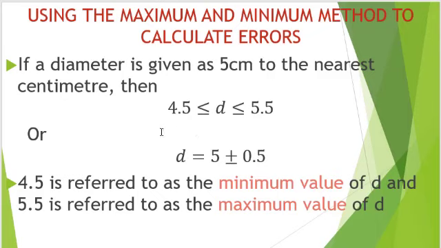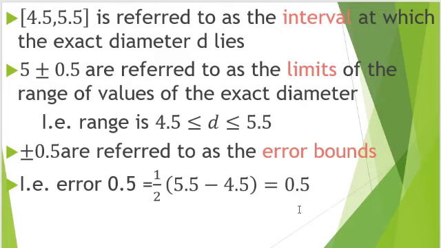And this 4.5 is what we call the minimum value of the diameter D, and this 5.5 is what we call the maximum value. Then the 4.5, the minimum value, and 5.5, the maximum value, put in closed brackets, is what we call the interval within which the exact diameter D lies. Then 5 plus or minus 0.5 is what we call the limits.